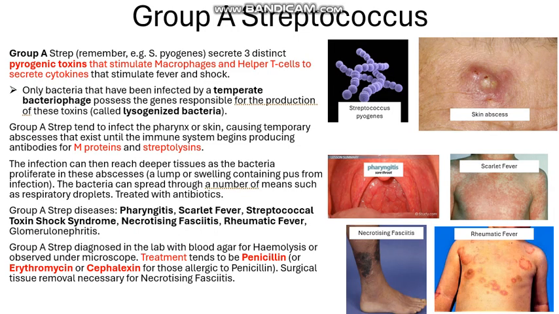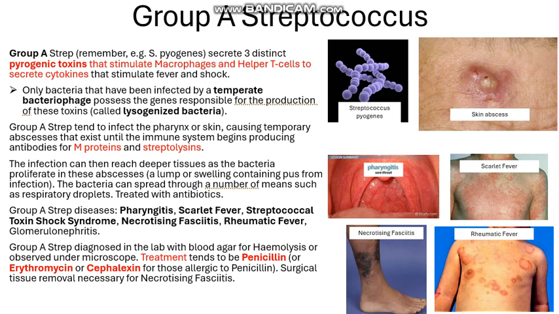Group A strep can cause multiple diseases depending on where these Streptococci bacteria spread to. So a strep infection of the throat causes throat infection, which is officially called pharyngitis. A Streptococci infection of the skin can cause scarlet fever. You can get streptococcal toxic shock syndrome, which I won't go into too much detail in.